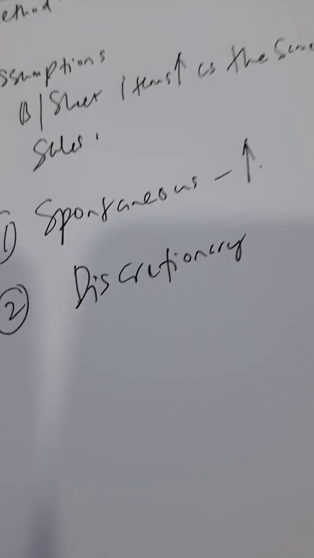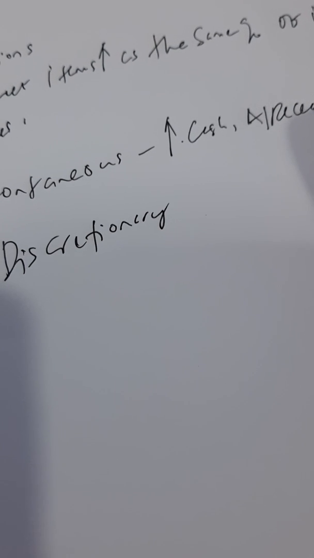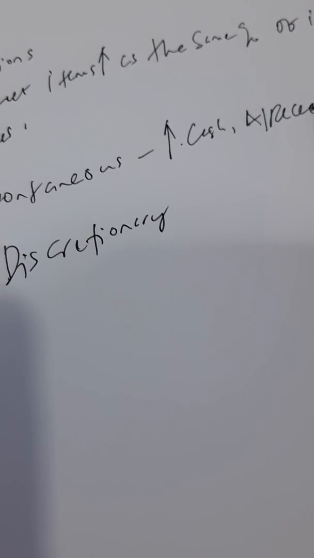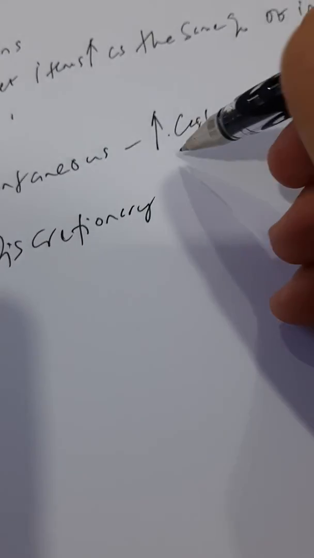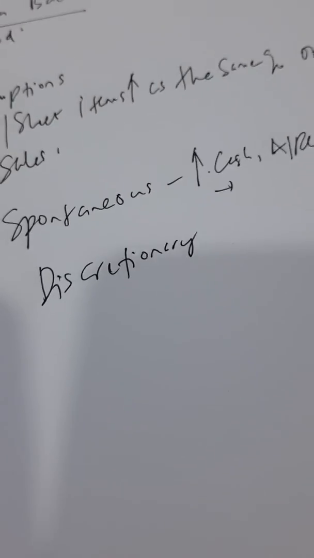On the asset side, things like cash, accounts receivable, inventories, and later on we will see some other things.